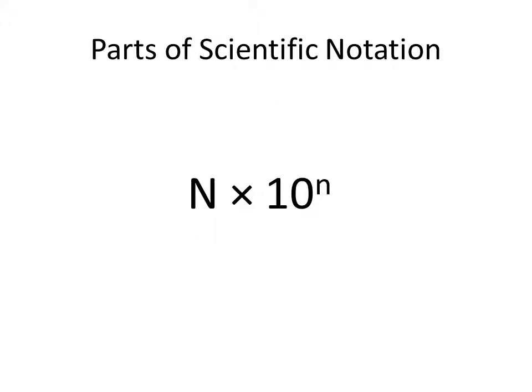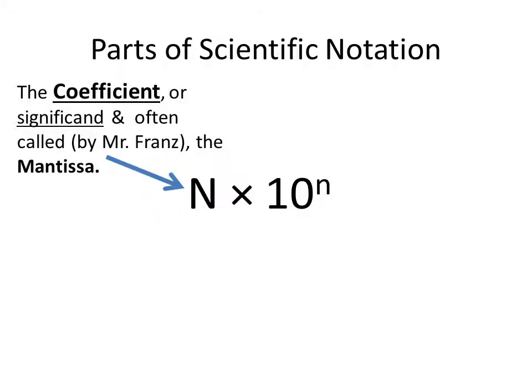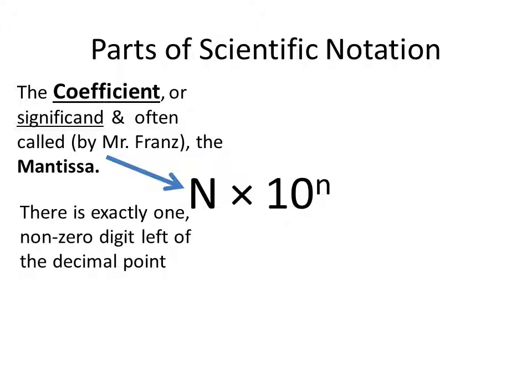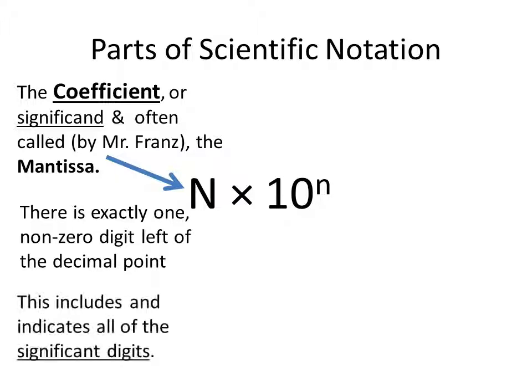So with scientific notation we have two parts. The first part is called the coefficient or the significand, and that's the part that stores the numeric value. It's often called the mantissa as well. There's exactly one non-zero digit to the left of the decimal point in this part of the scientific notation.